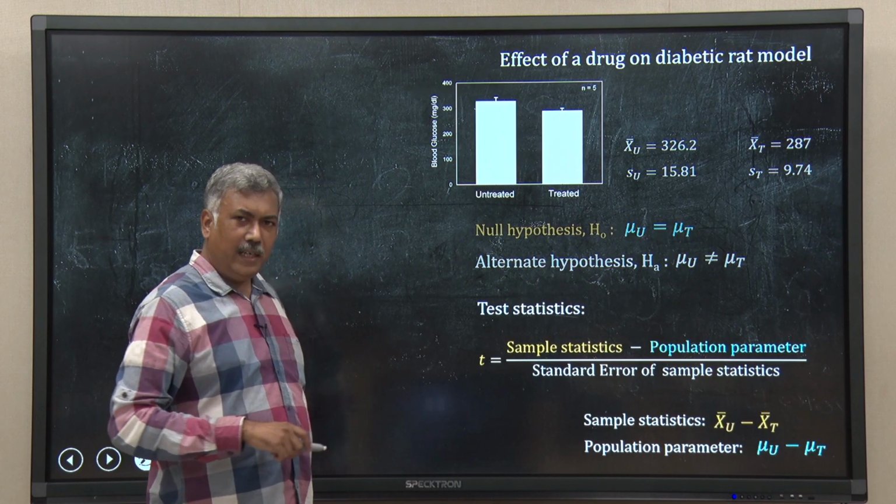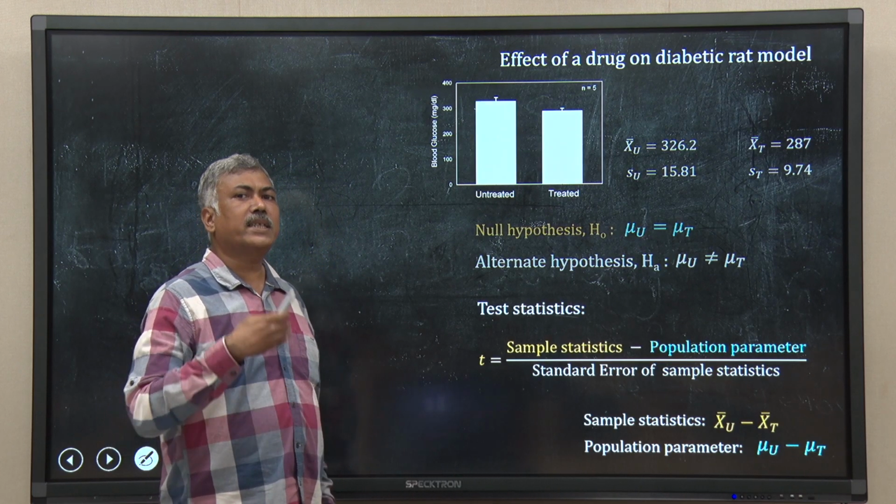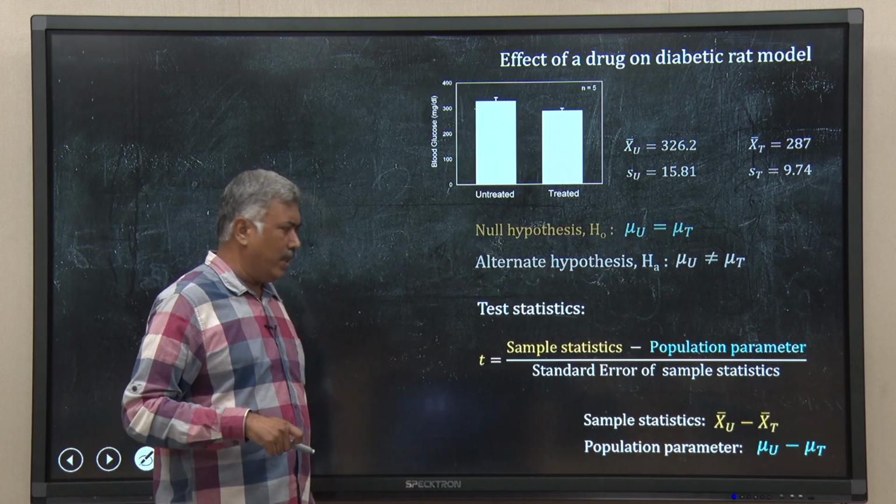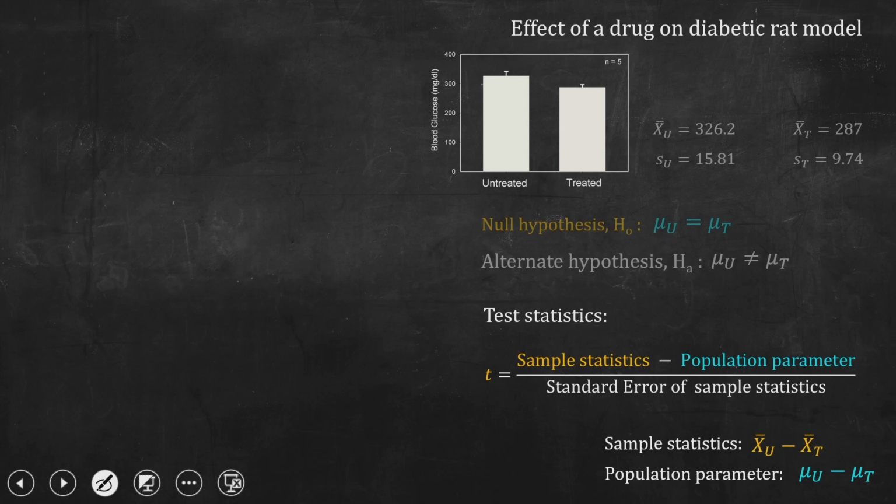Now, to move further, we have to introduce a test statistic, a new variable, and calculate its value. In this case it is called the t value, which is why I have written a small t. So, what is that t value? The t value is the difference between the sample statistic and the population parameter.